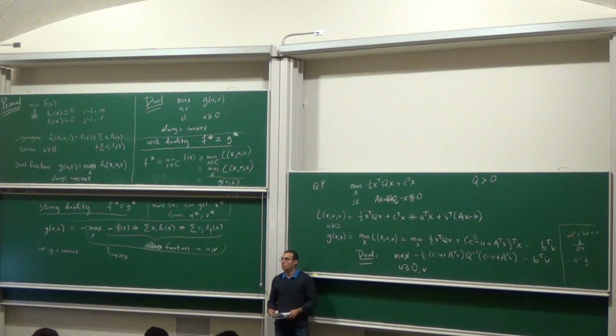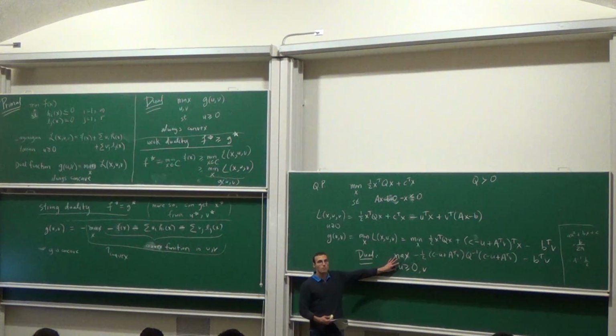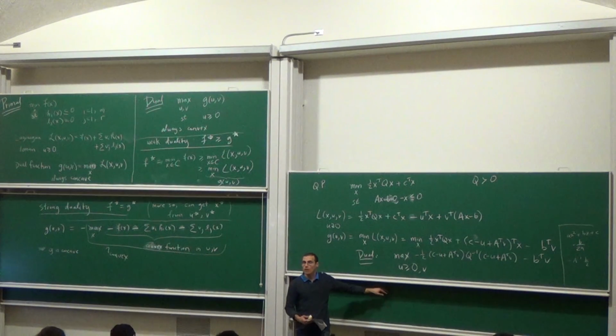Now if you were to play around with this and plot examples, you would see that the optimal value of this problem always equals the optimal value of that problem. So I always get strong duality, no matter the example I try, as long as Q is positive definite.